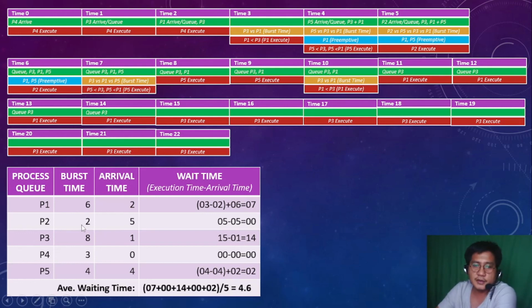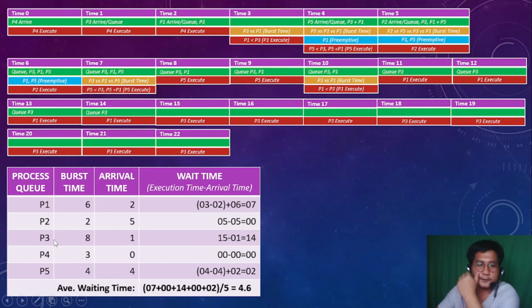So for process 2, 3, and 4, there is no waiting time. When process 2 arrives at the queue, it has the shortest burst time, so it gets the central processing unit at the time it arrives at the queue.